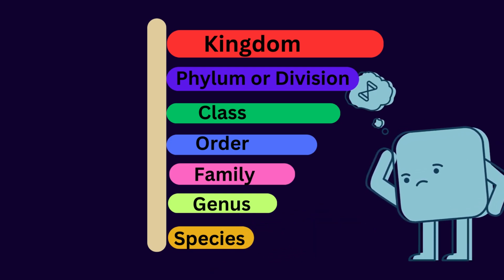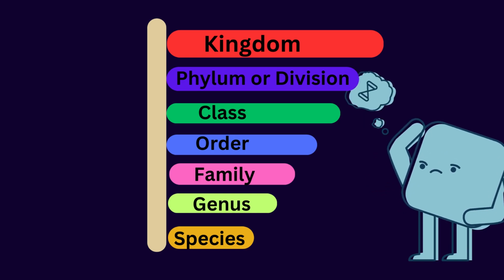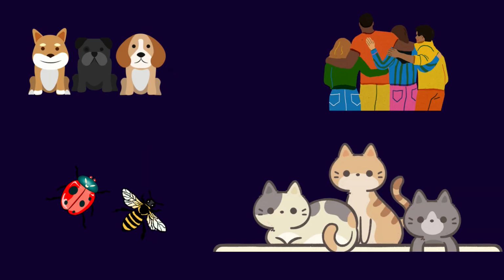Now the question you may ask is how to place an organism in various categories. The basic requirement is the knowledge of characters of an individual or group of organisms. This helps in identifying similarities and dissimilarities among the individuals of the same kind of organisms as well as of other kind of organisms.